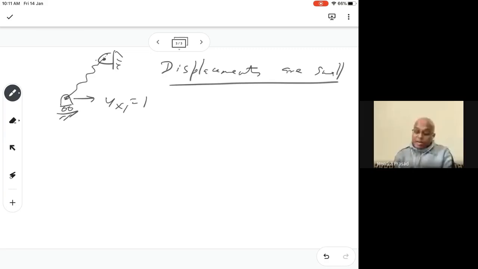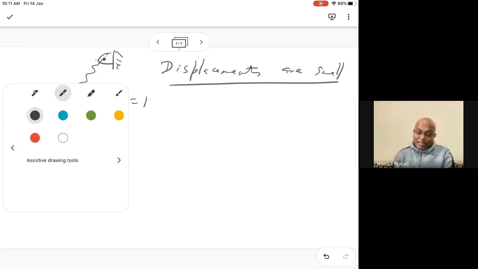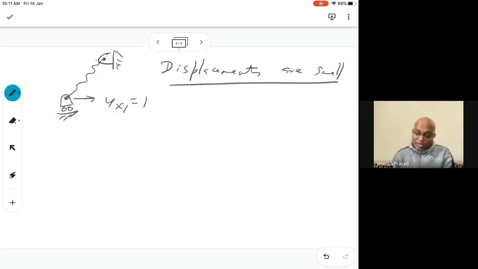So here, if you give displacement in this direction 1, then what is the displacement in this direction? Let's write it. You have a theta here. So in this direction you get ux1 cos theta as the displacement.